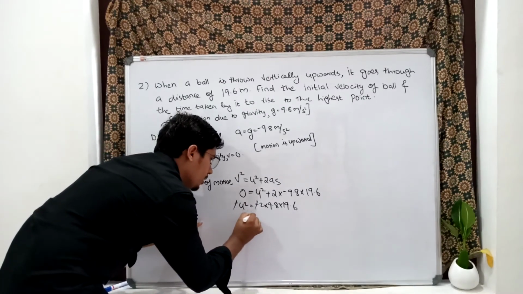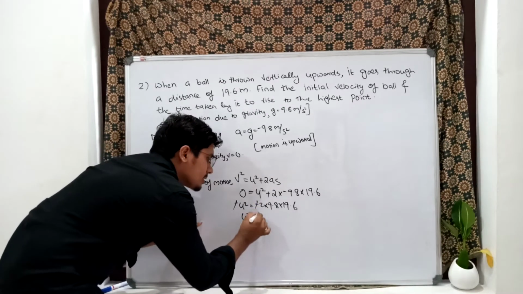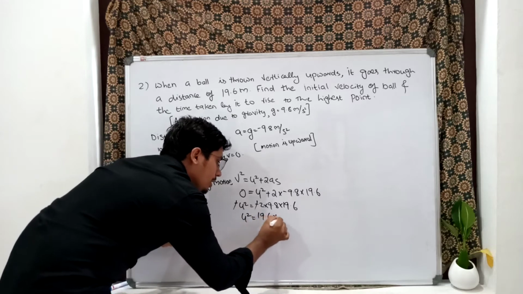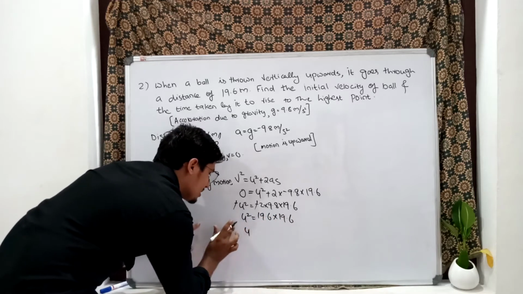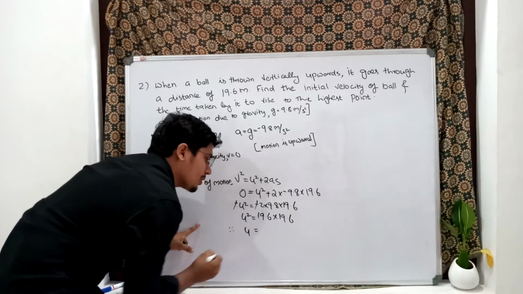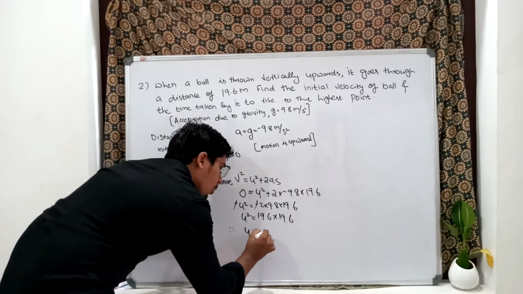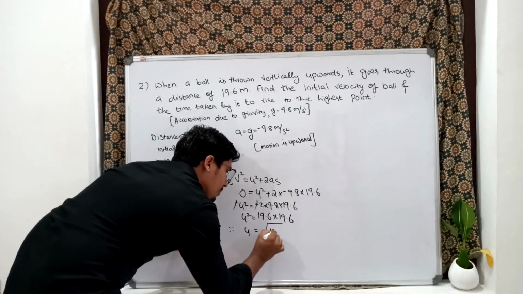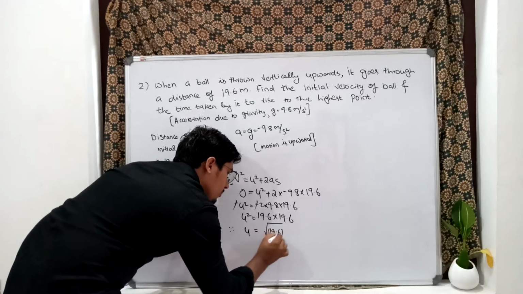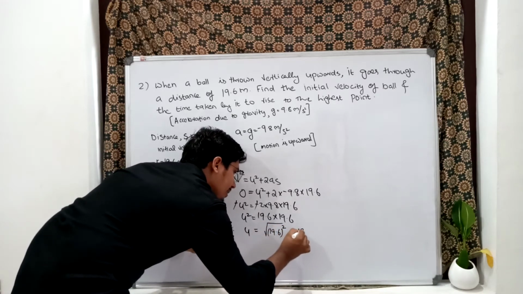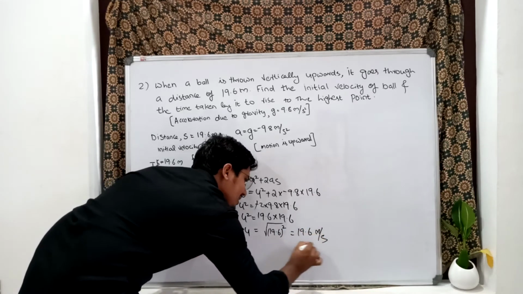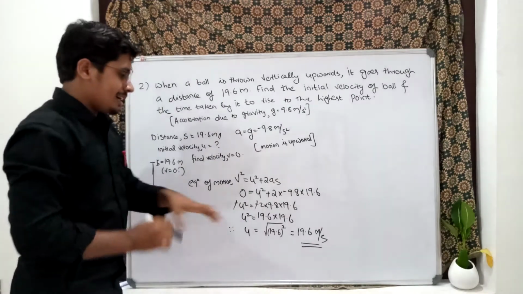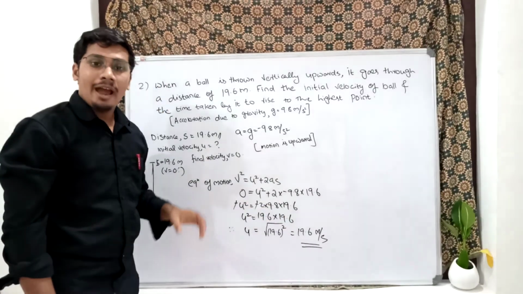Therefore u square equal to 2 into 9.8, which is 19.6, into 19.6. Therefore the initial velocity u equal to root of 19.6 whole square, which is equal to 19.6 meter per second. This is easy. So this is the initial velocity we have got.